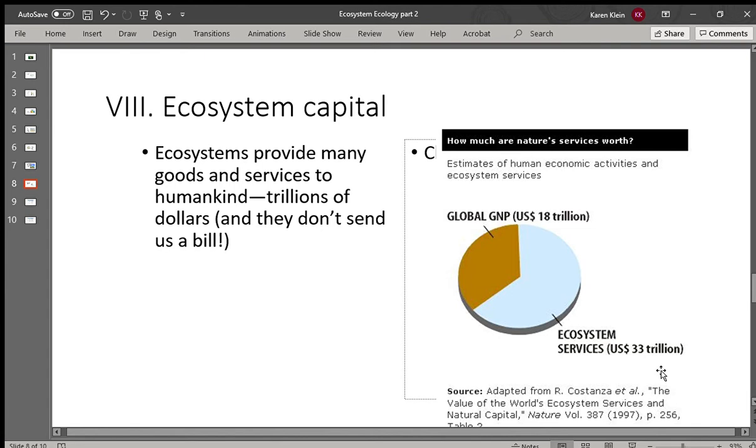Because just like we have a heart and a liver and lungs, etc., and a brain that all work together to form a healthy individual, we have all of our ecosystems on our planet that are working together to form a healthy planet. And when one ecosystem gets unhealthy, that can have an effect on a healthy planet.